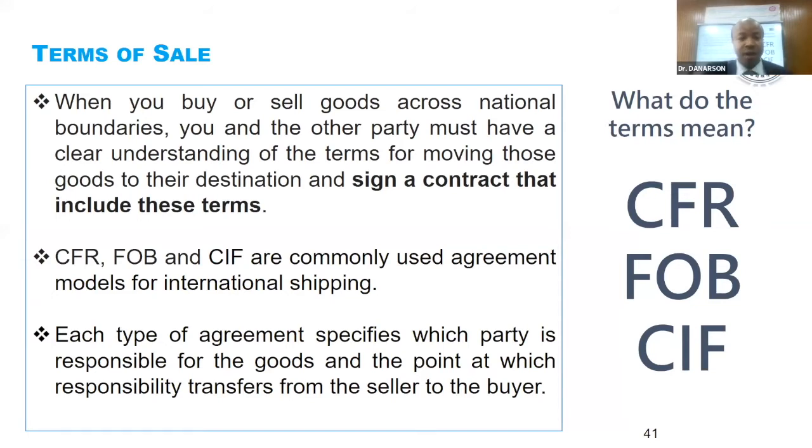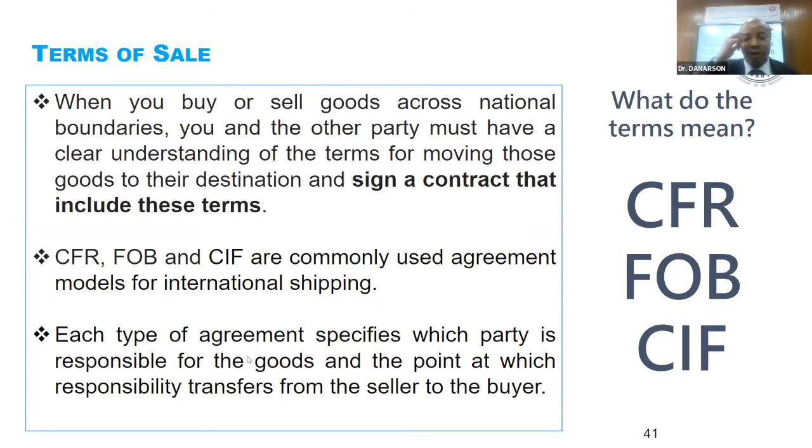Here, to make it clearer, are the most common terms in international trade or settlement. There are not all, there are so many of them. Before, they had several pages of Incoterms, but now we have a lot of pages. CFR, FOB, CIF, they are commonly used agreement models for international shipping.